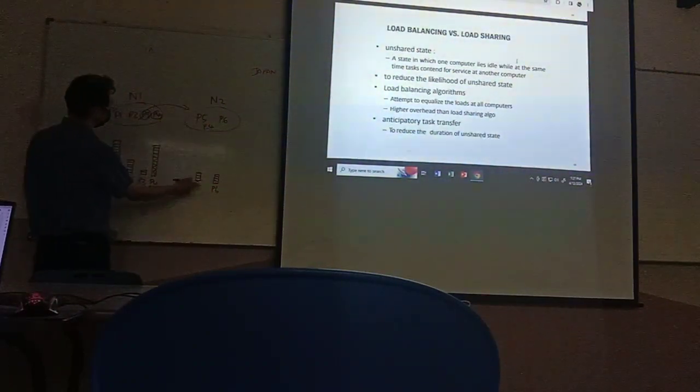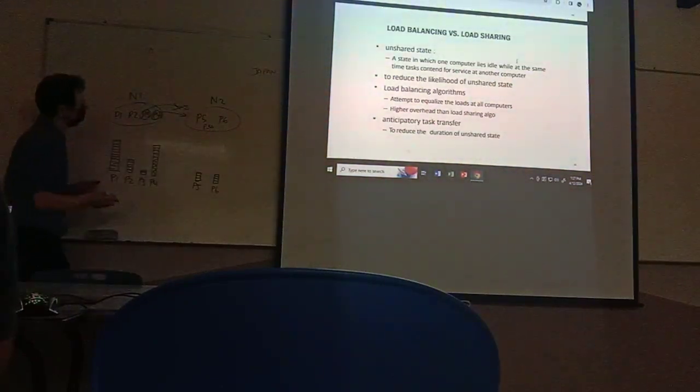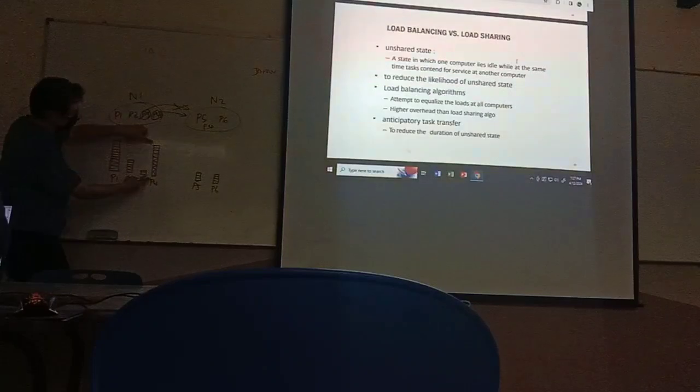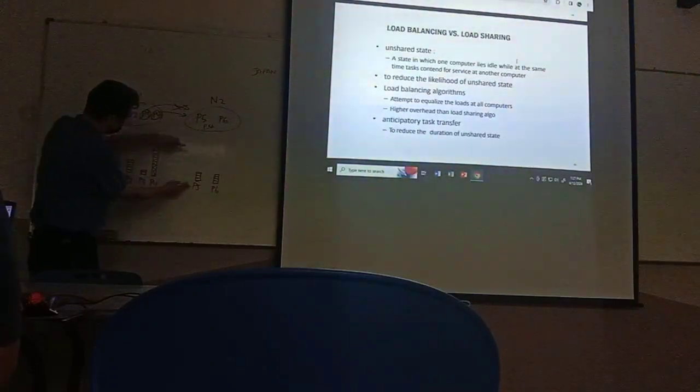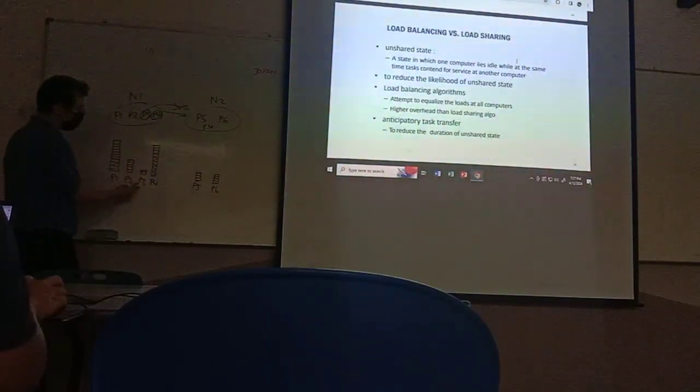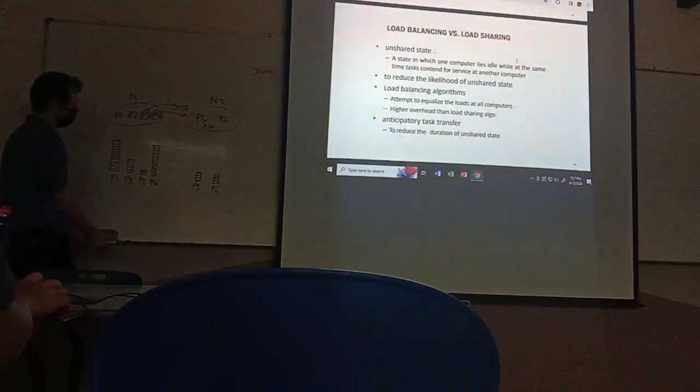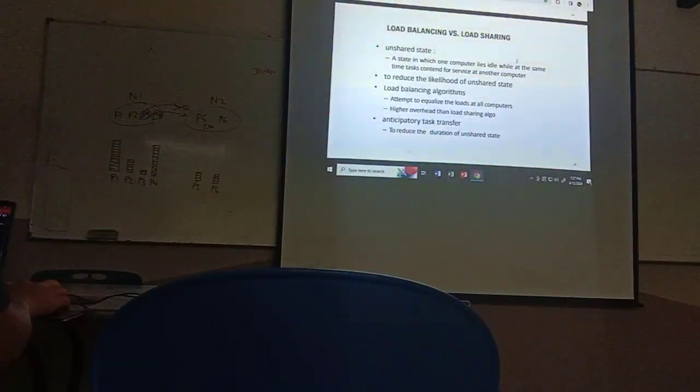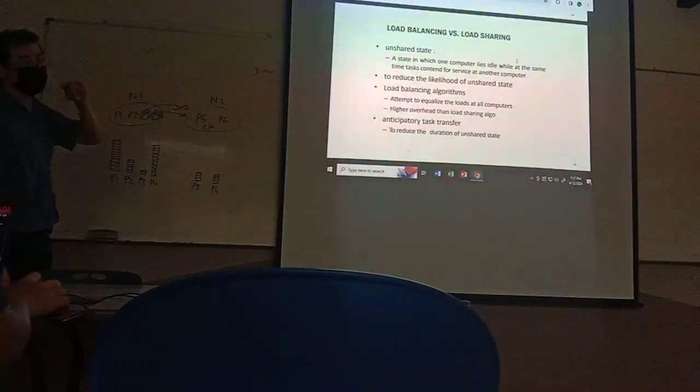Because this one is highly loaded and quite heavy, you transfer it across. You don't transfer P3 because if you transfer P3, this is still overloaded, although there are the same number of processes, right?